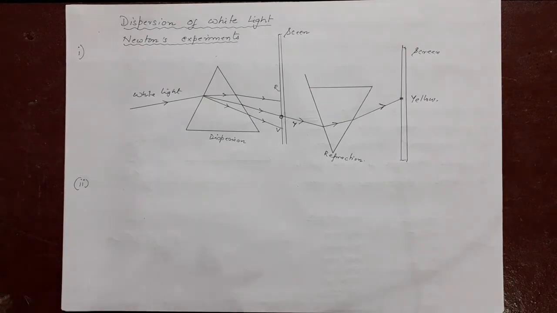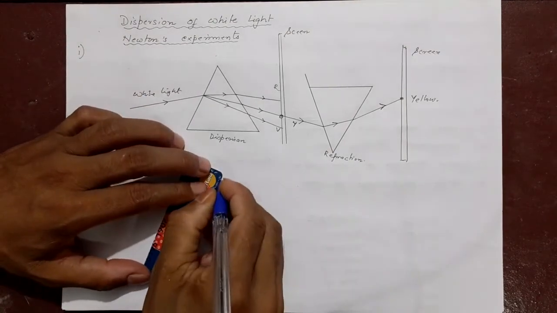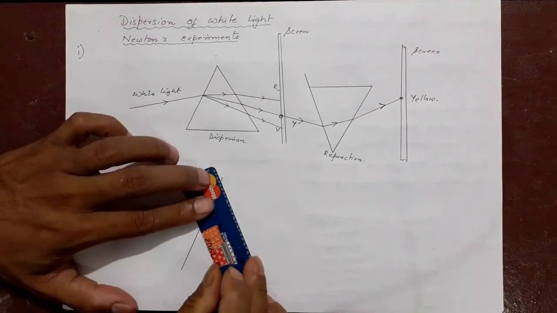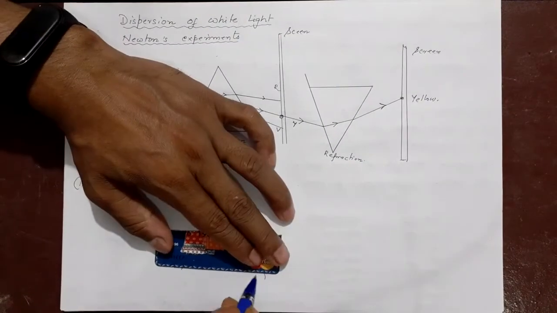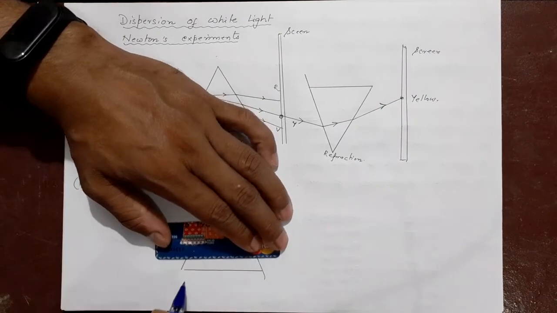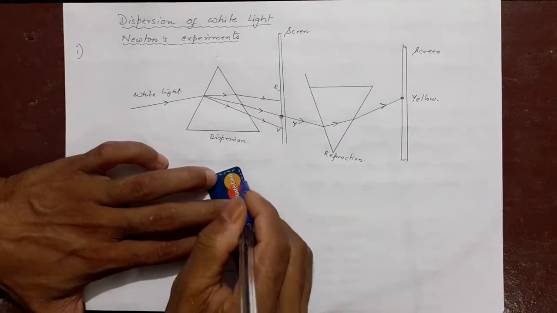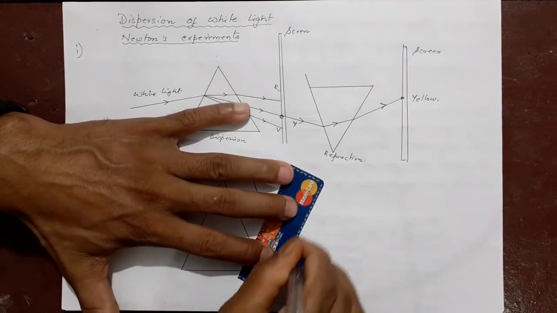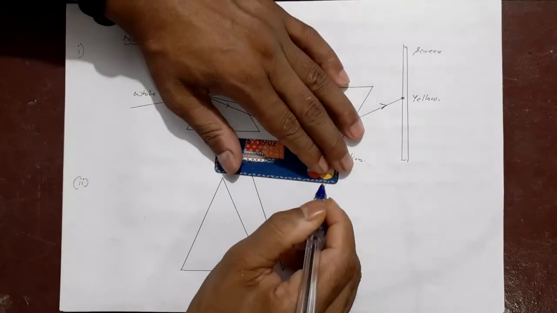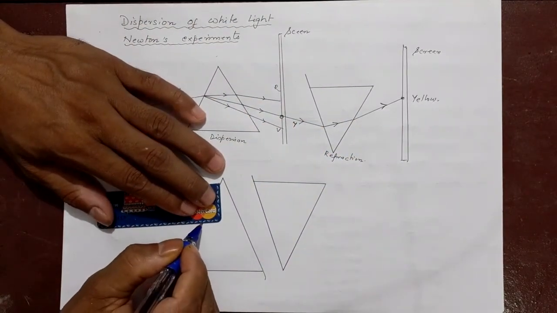Another experiment is also there which Newton has done, which is that he made 2 prisms sit together, and here he verified whether all the prisms will do the same or not. He made one prism here and another prism here. I may make mistakes in my diagrams, but it is there in your textbook also, you can see very nicely.